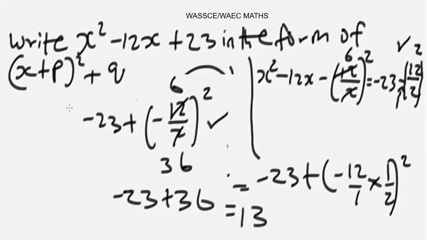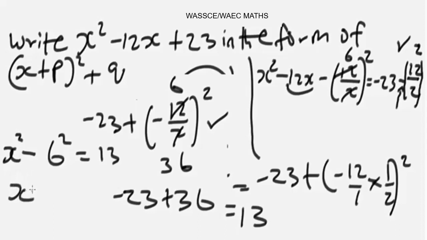But remember, for the left side of the equation, you can choose to remove this minus 12x. So we're going to have x squared minus 6 squared equals 13. That's basically what we're going to have there. This is the same thing as (x minus 6) squared equals 13.